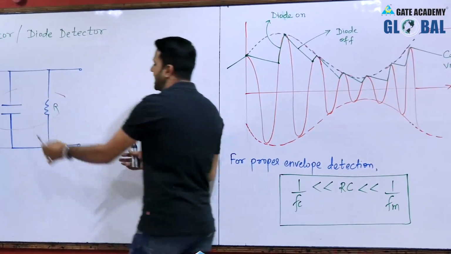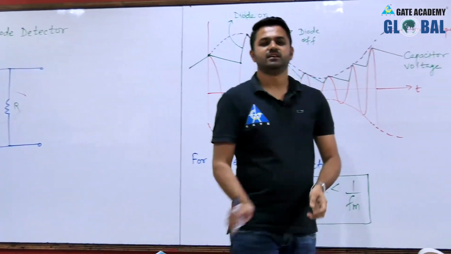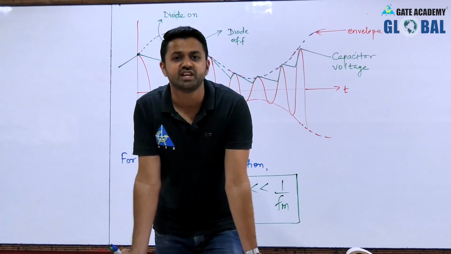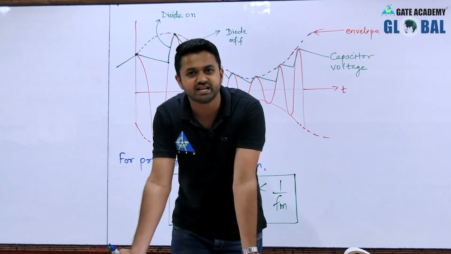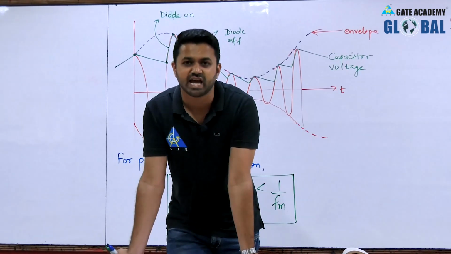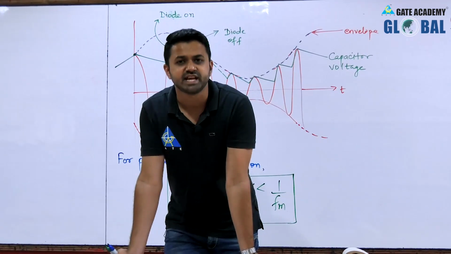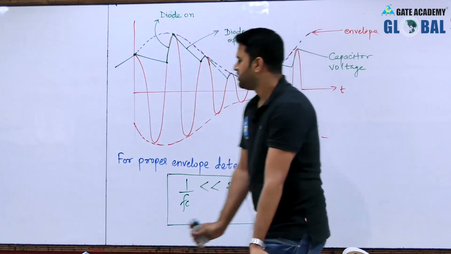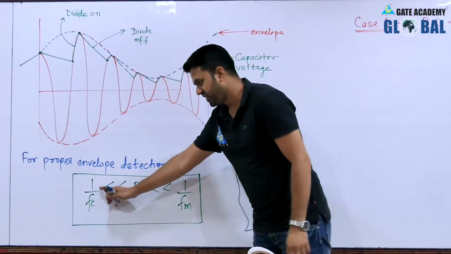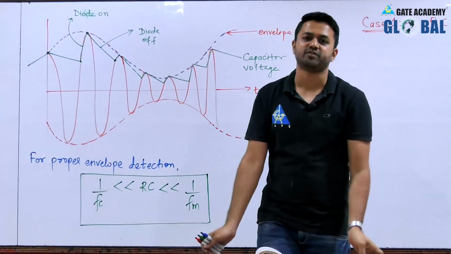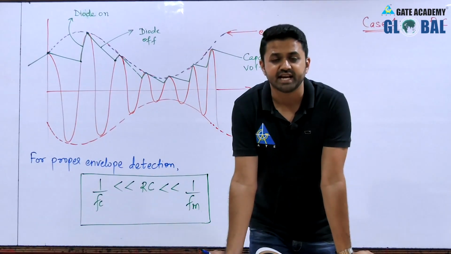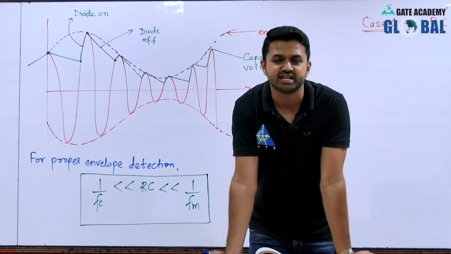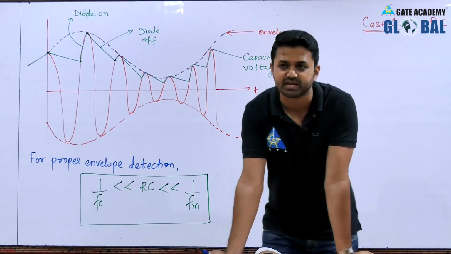When RC is less than 1/Fc, it means the capacitor is discharging very fast. The time constant is small, so it takes very little time to discharge completely. 1/Fc is the time period of the carrier signal, so it takes even less than the time period of the carrier signal to discharge completely.